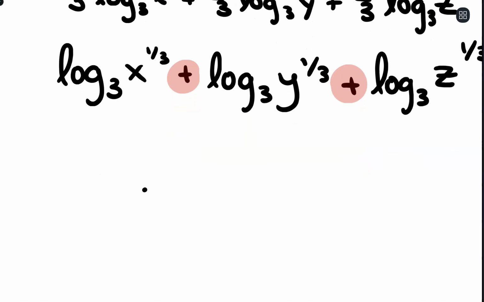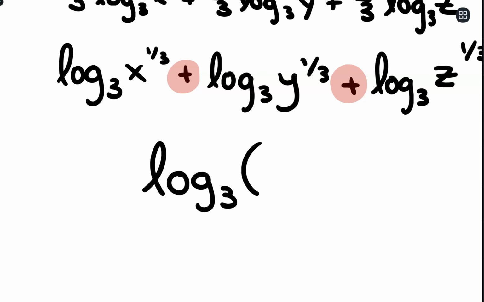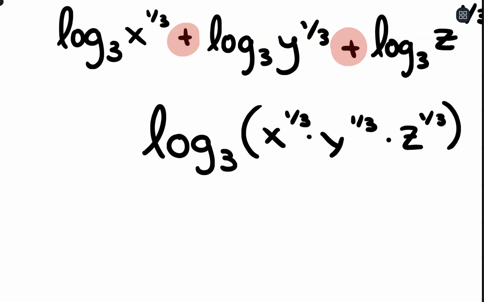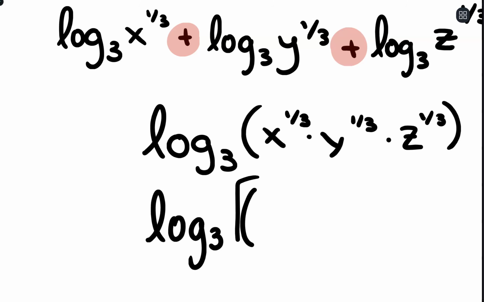So let's go in one step of having log base 3 of x to the 1/3 times y to the 1/3 times z to the 1/3. And we could leave it like that. This is actually the same. I'm just going to write a few different ways. Log base 3 of, and this could be x times y times z all to the 1/3.